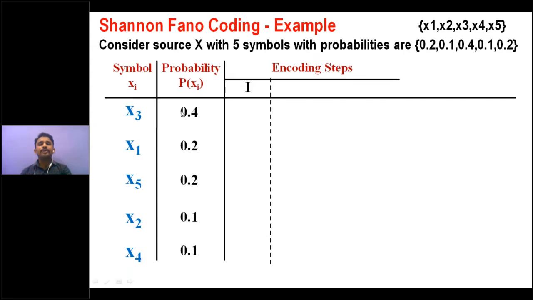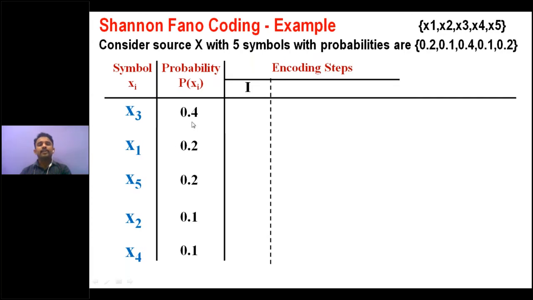Generally we take this partition with 50% each: 0.5 one partition, 0.5 the other, like a division of probability 1 into two equal parts. Here, 0.4 is all I have; I cannot consider 0.5.